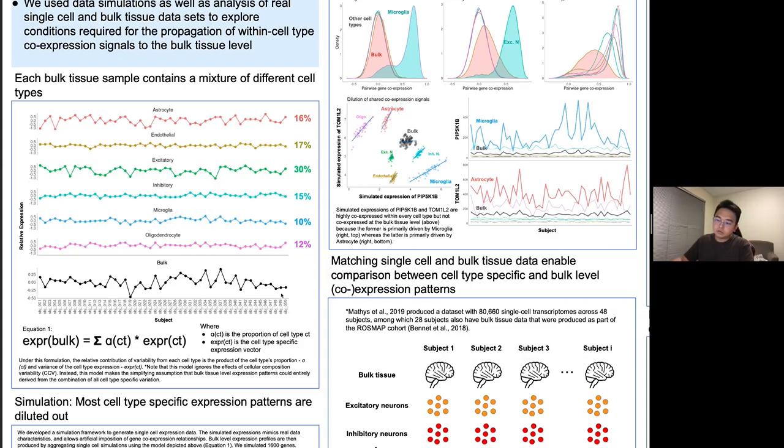Essentially, if you have a bulk tissue expression data set, any given gene can be represented as an expression vector, and we simply model that vector as the weighted sum of the individual cell type specific expression vectors that is underneath the bulk tissue sample.